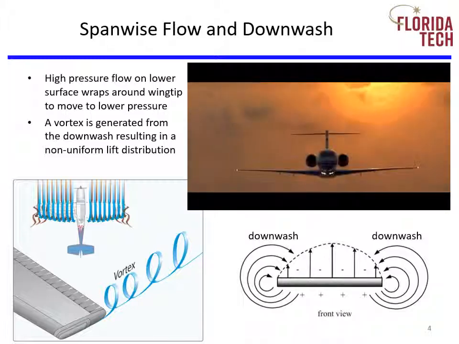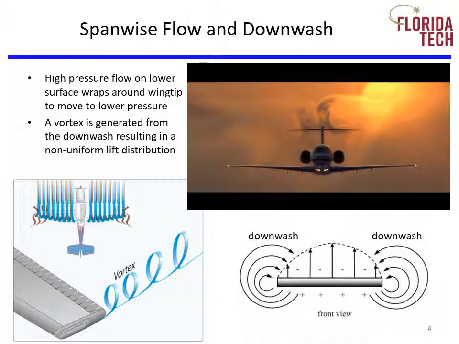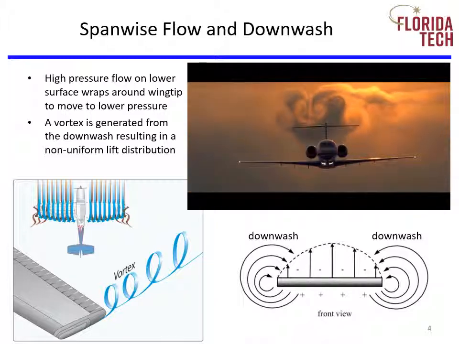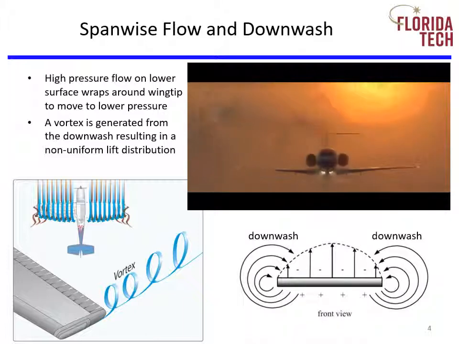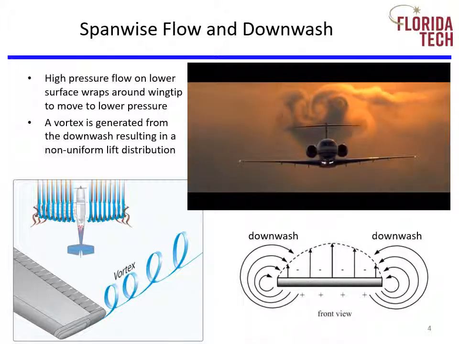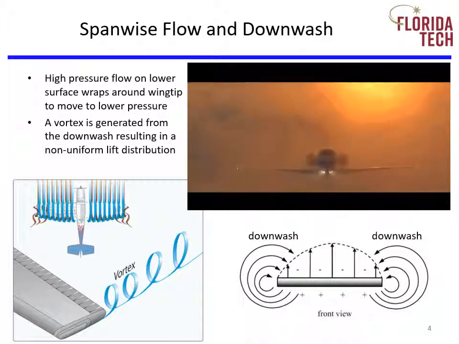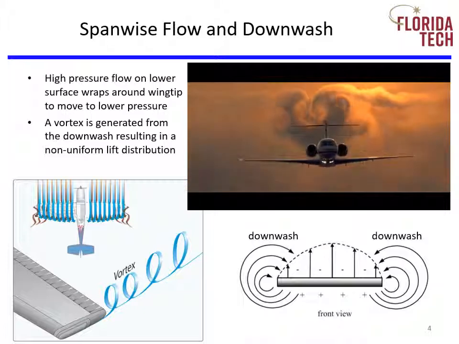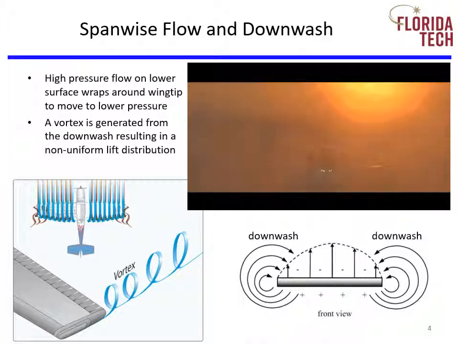In the case of the 3D wing, the flow on the lower surface sees the flow on the upper surface, and the high pressure air from the lower surface wraps around the wingtip in an effort to move to the region of lower pressure. The result of this is a vortex at each wingtip and a non-uniform lift distribution.